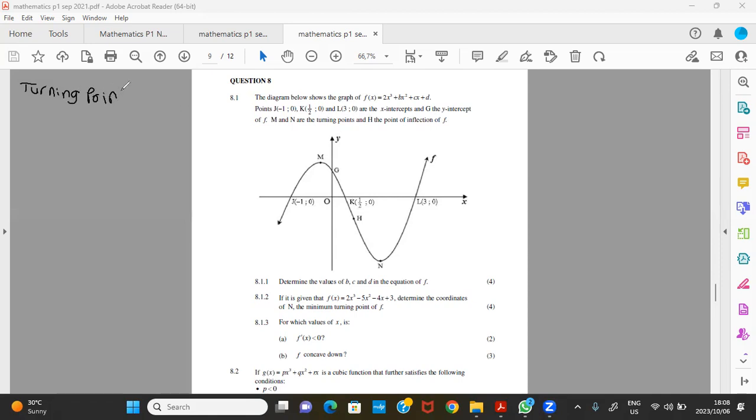And also this word, point of inflection. What is it that you know about these two? The point of inflection, the derived form, that graph.